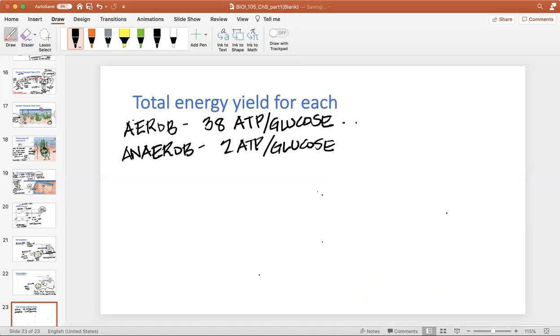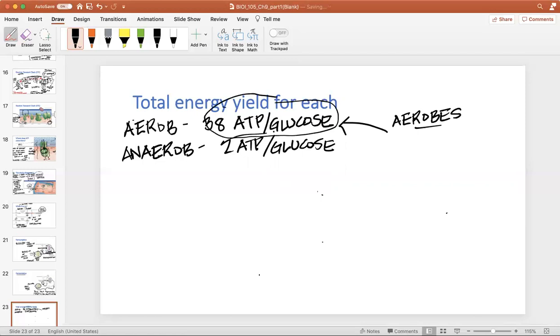That is why larger organisms that are very active, most of the organisms that you'll study in biology, most of them are what we call aerobes, meaning that they need oxygen in order to maintain their energy, okay? This is why aerobic respiration is so common.